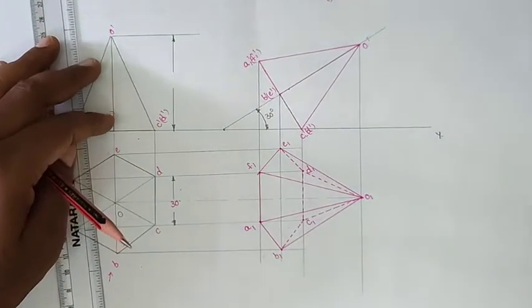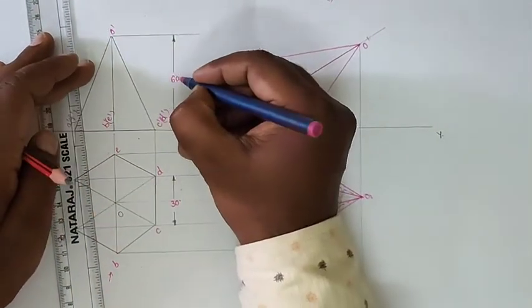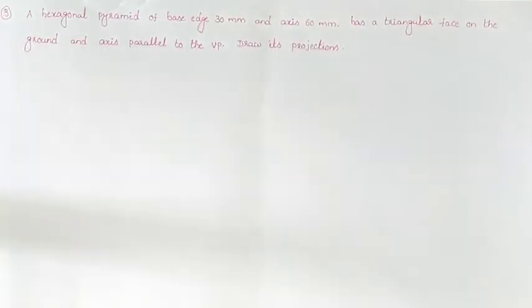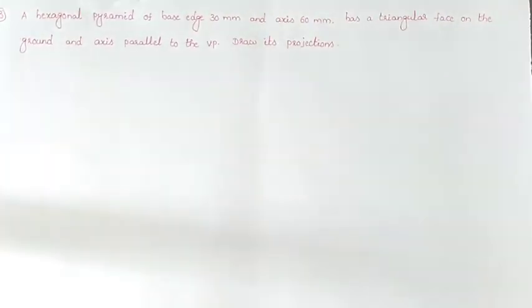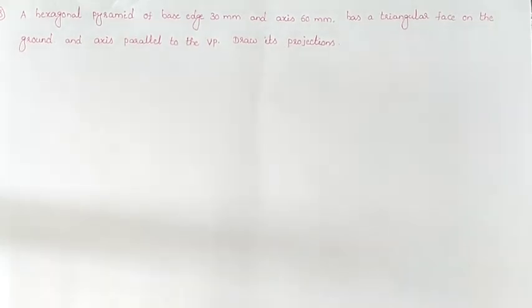This is 60. A hexagonal pyramid of base edge 30 mm and axis 60 mm has a triangle face on the ground, and axis parallel to the VP.